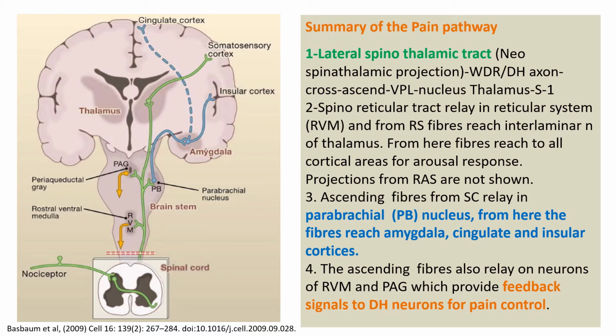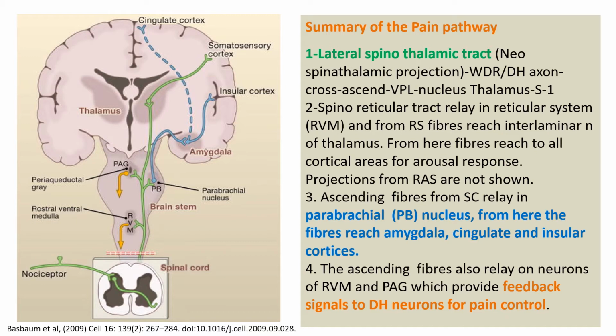The fibers relayed in the rostroventral medulla and periaqueductal gray and even the parabrachial nucleus form the reticular system. From this reticular system, this is a spinoreticular pathway, because there is no direct pathway to spinoreticular relay.